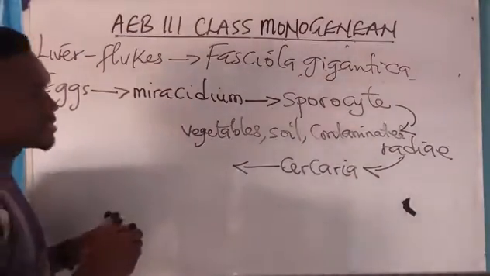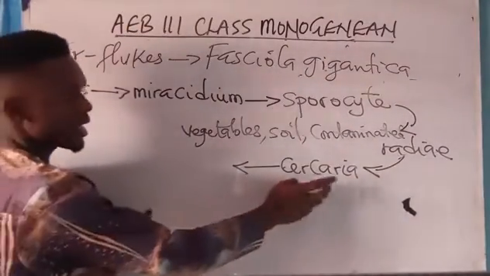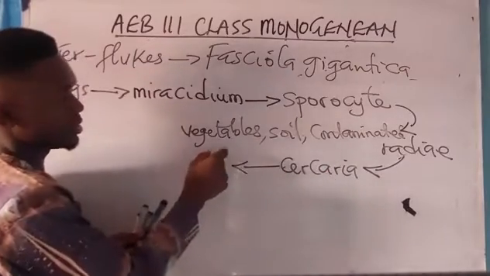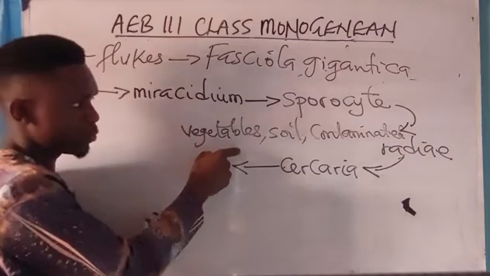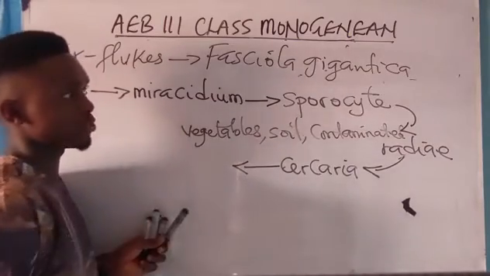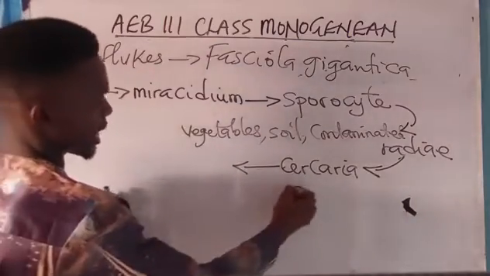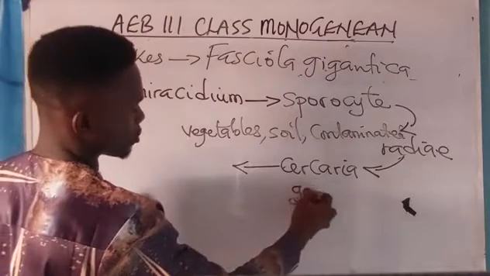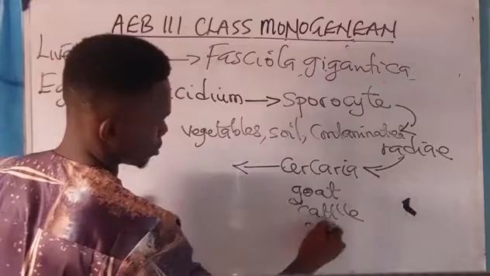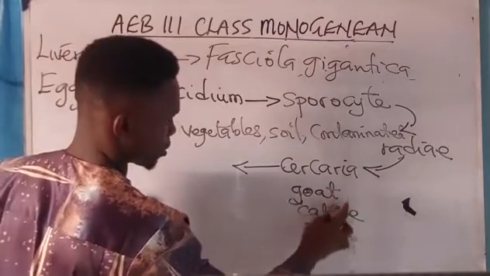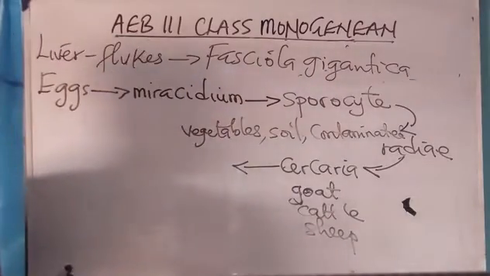As soon as the secondary host, once this Cercaria attach themselves to vegetables, they are fed on by grazers. I told us they are what? Goats, cattle, sheep, and what? Giant ruminants.